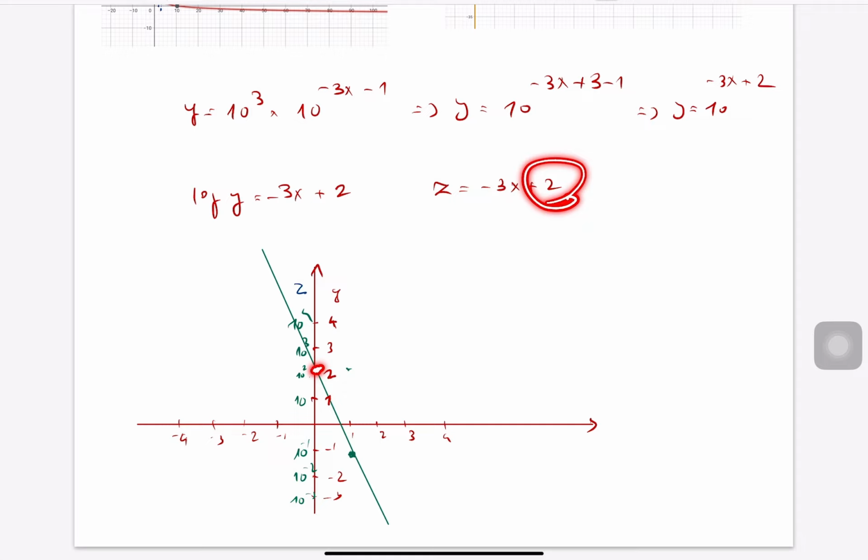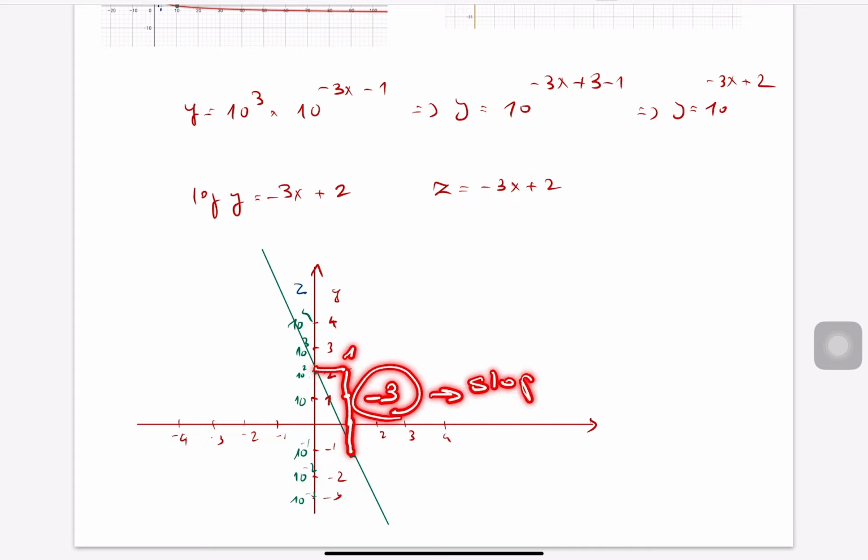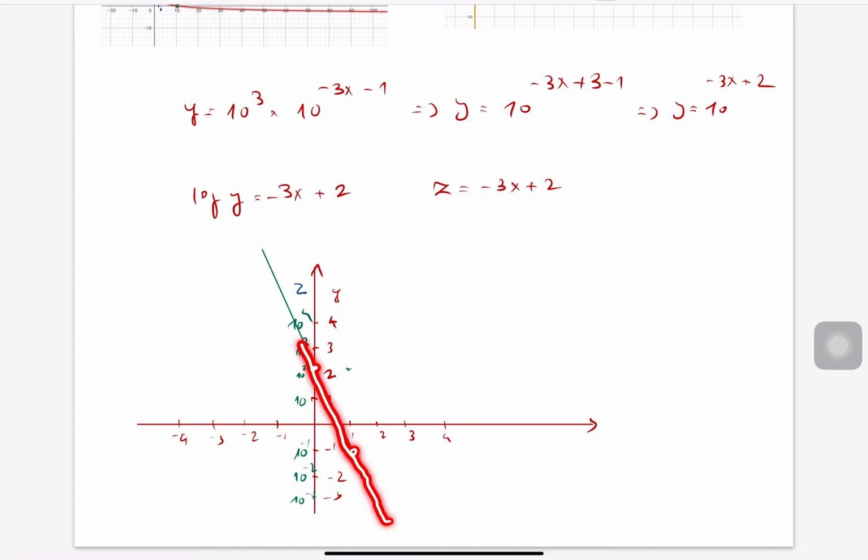Because the slope is minus 3, I go 1 right always and 3 go down, 1, 2, 3. Then find the second point, and I put a line which passes from this point, and it will be our answer and the equation. Then the result will be this, but the difference is the y-axis is the logarithmic axis.